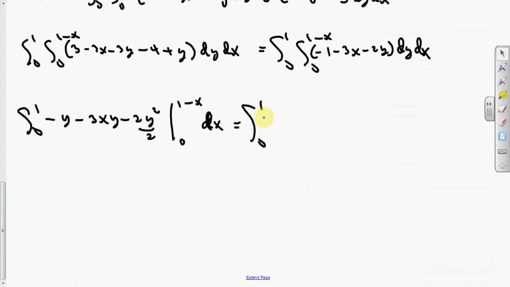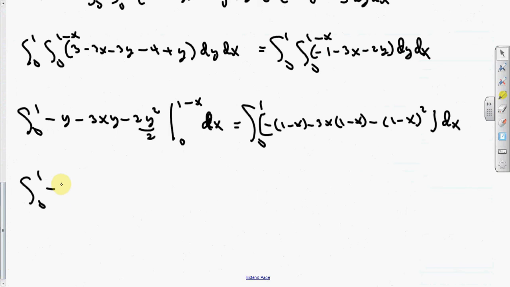Integral from 0 to 1. This is negative parentheses 1 minus x, minus 3x times 1 minus x, minus 1 minus x squared, dx. Let's simplify all of that. Integral from 0 to 1. This is negative 1 plus x minus 3x plus 3x squared minus 1 plus 2x minus x squared, dx.